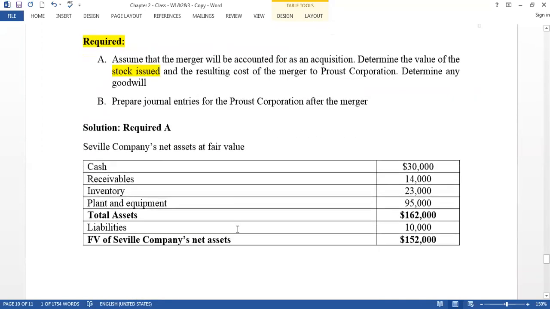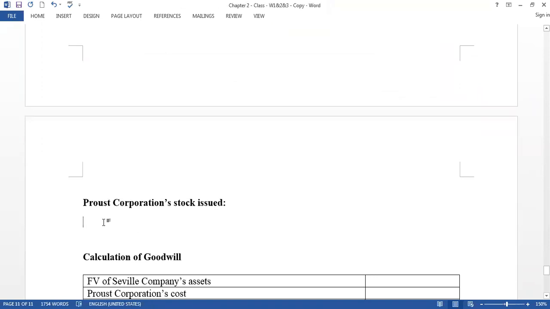Okay, so I can show you some calculation first here. The subsidiary company's common stock is $75,000, and the par value per share is $10.